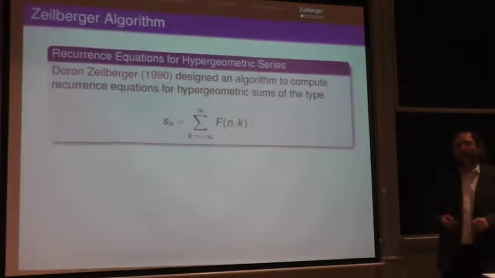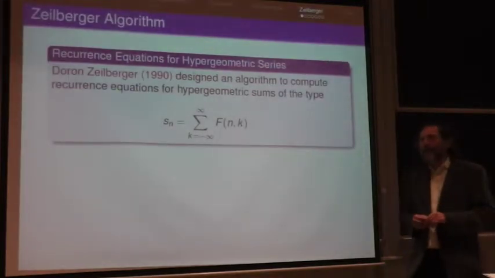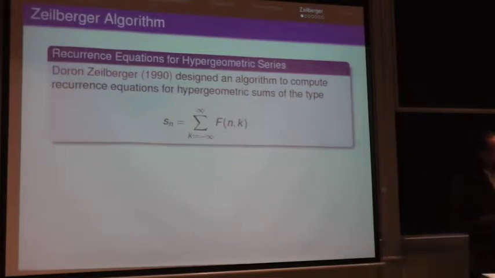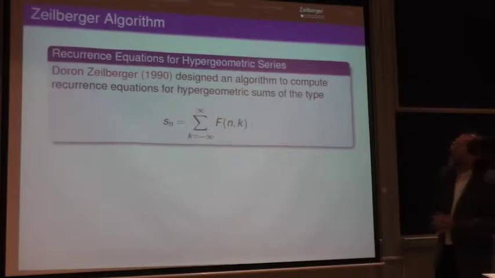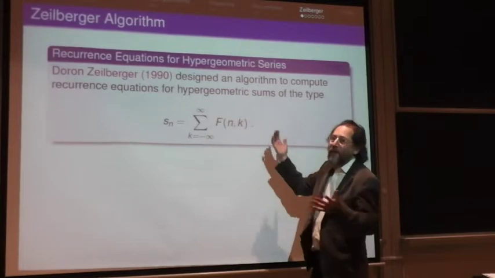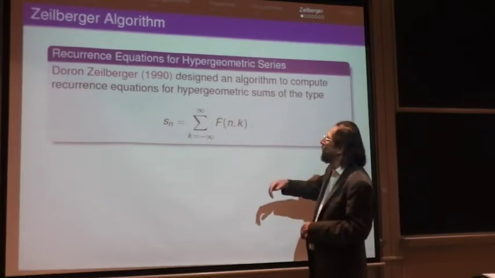So now Doron's algorithm, of course, plays an important role in our work with orthogonal polynomials. He designed an algorithm to compute recurrence equations for this type of sums. You have a summand which depends on two variables, should be a hypergeometric term with respect to both.